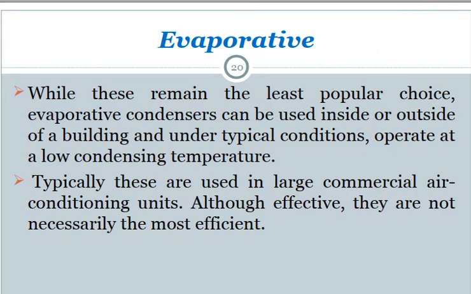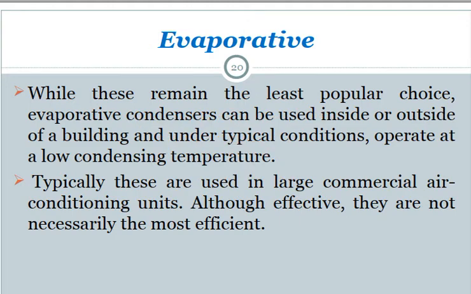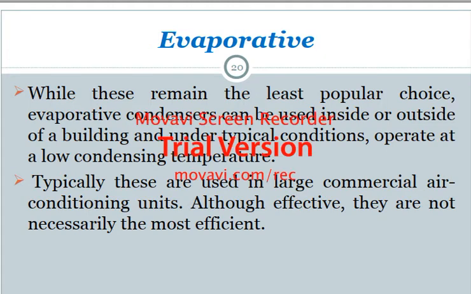This one, the last type of condenser we study, is the evaporative condenser. While this remains the least popular choice, an evaporative condenser can be used inside or outside of a building. Very good. And under typical conditions, it operates at a low condensing temperature. These are used in large commercial air conditioning units.